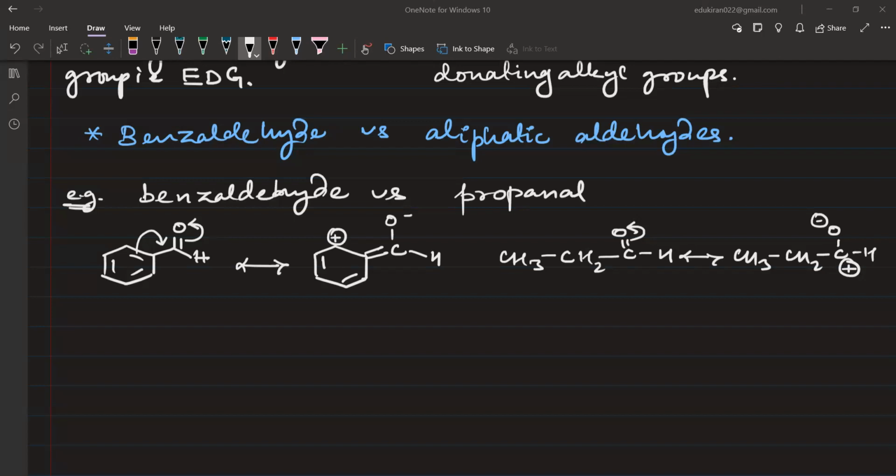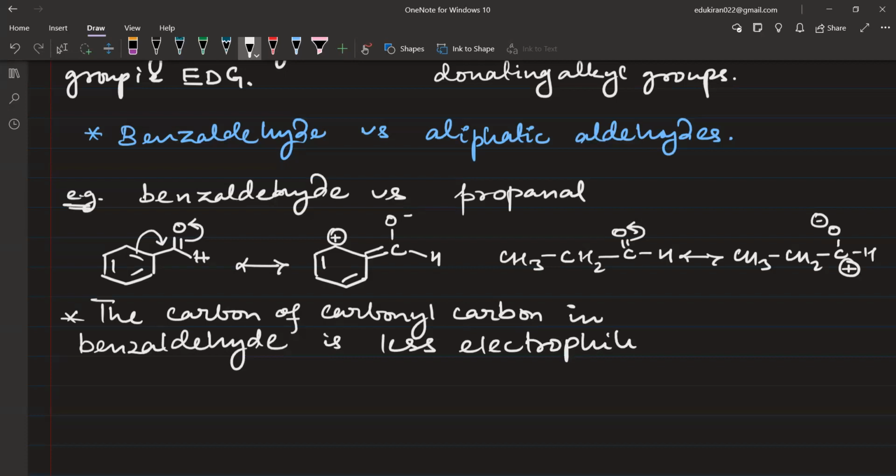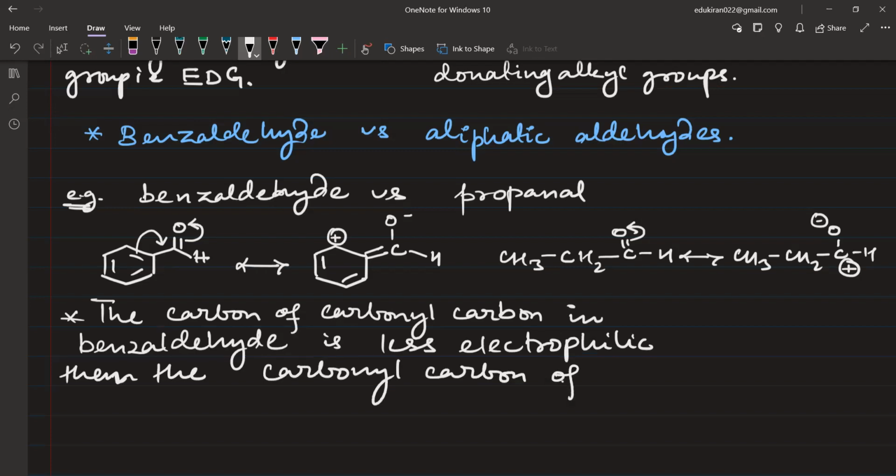Please write: the carbonyl carbon in benzaldehyde is less electrophilic than the carbonyl carbon of propanal.